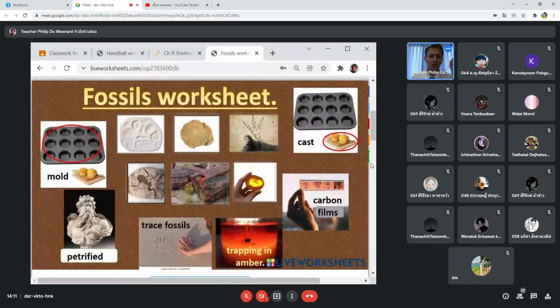Okay, class, let's see if you can do this worksheet with me. So let's start with this one. What is this one? Is it mold? Is it petrified? Is it trace?